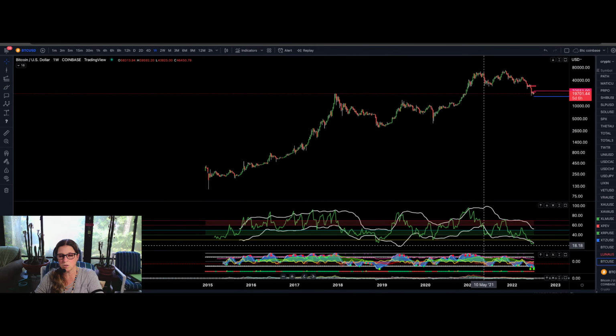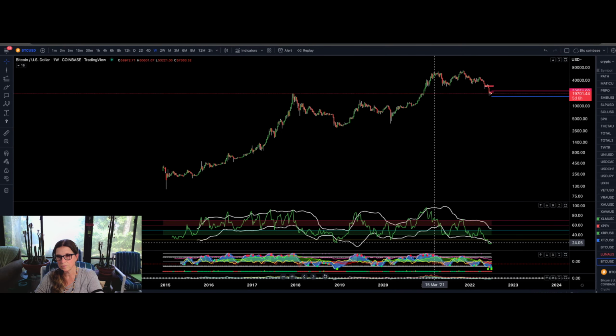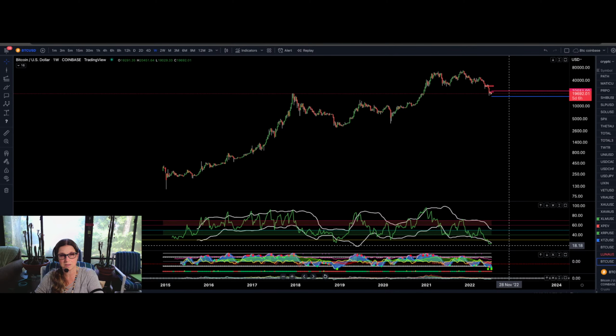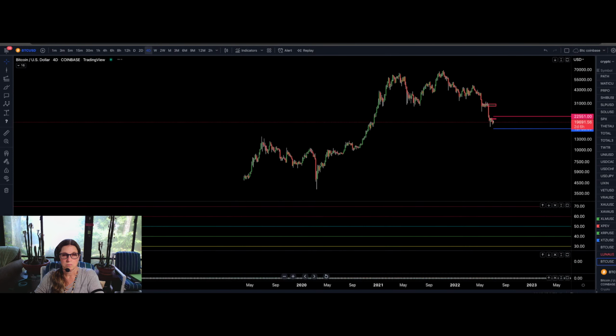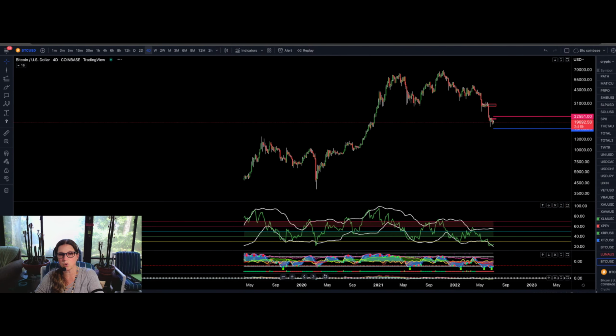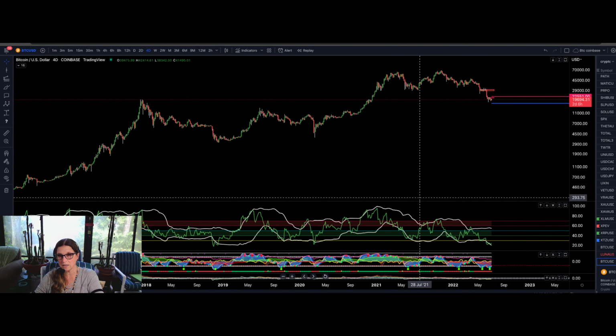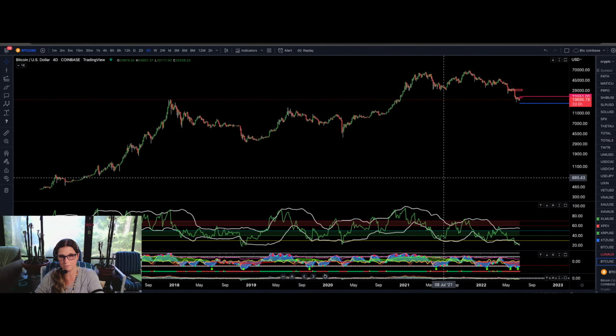We are definitely the lowest we've ever been in RSI on the weekly time frame. We have never needed a weekly divergence to turn the market yet. We have needed a 4-day and a 2-day and a daily divergence to turn the market.